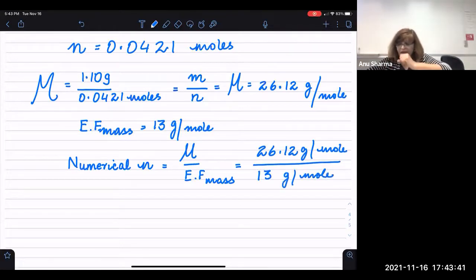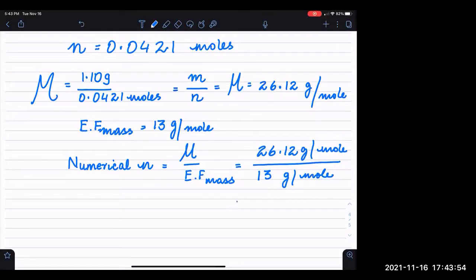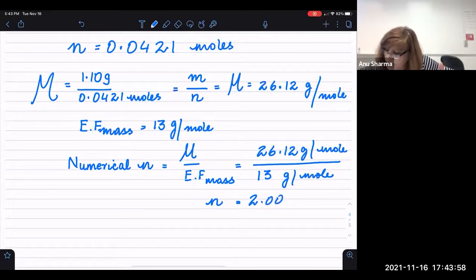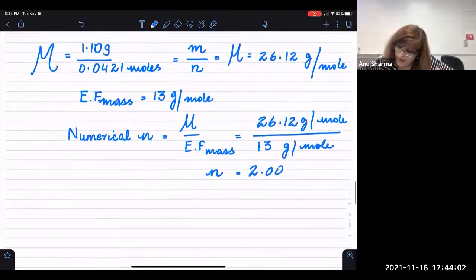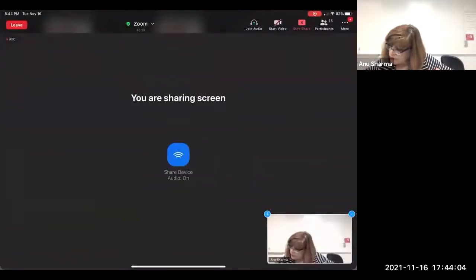So what does this become? 26.12 divided by 13, and that is 2 point, so this is equal to N. N is equal to 2.009. So anyway, it is 2.